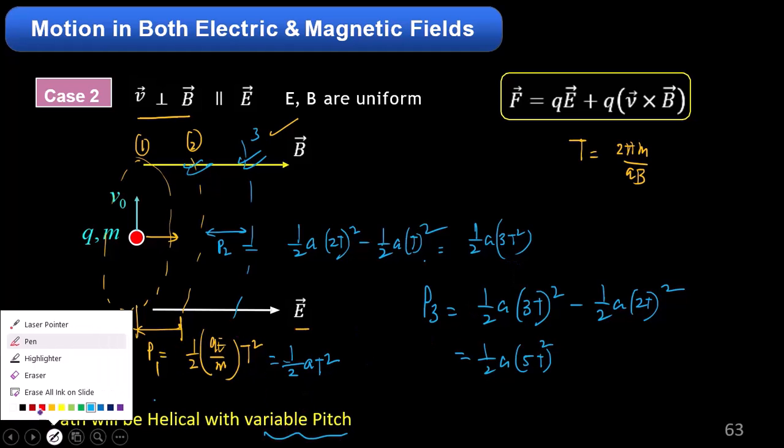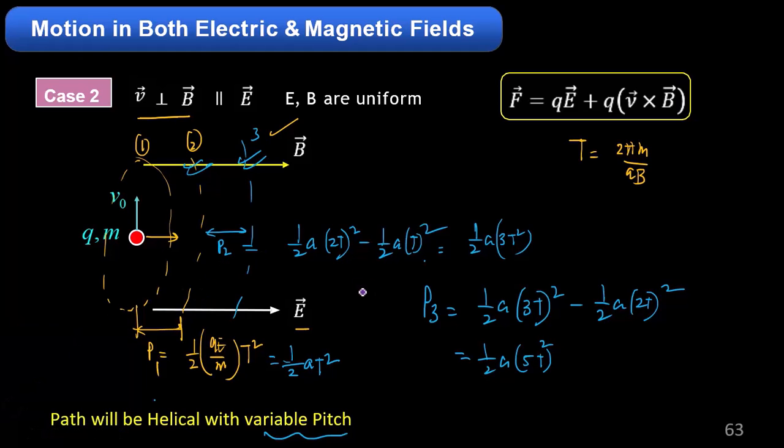So what is the ratio of P1 to P2 to P3? 1 is to 3 is to 5. In this situation, the particle will perform a helical motion, but the pitch is variable.